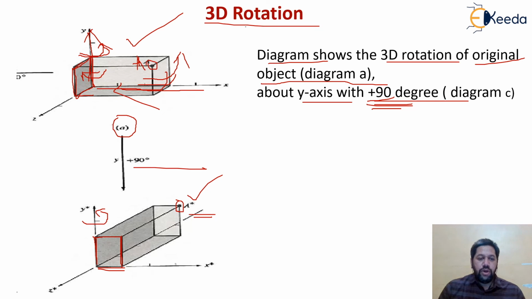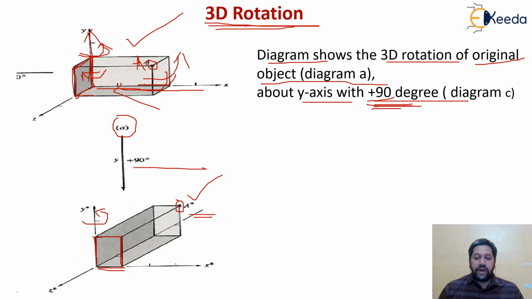So this is all about the 3D rotation that we have learned. First of all, we have seen the transformation matrices about the x-axis, y-axis, and z-axis. We have seen the right hand thumb rule, which gives us which angle is a positive degree and which is a negative degree.